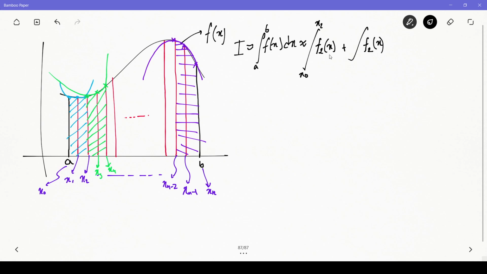So understand that this second order polynomial and this second order polynomial may not be the same. As we have seen from this sample figure over here, we are just denoting it to be the same, but in practice it may not be the same.